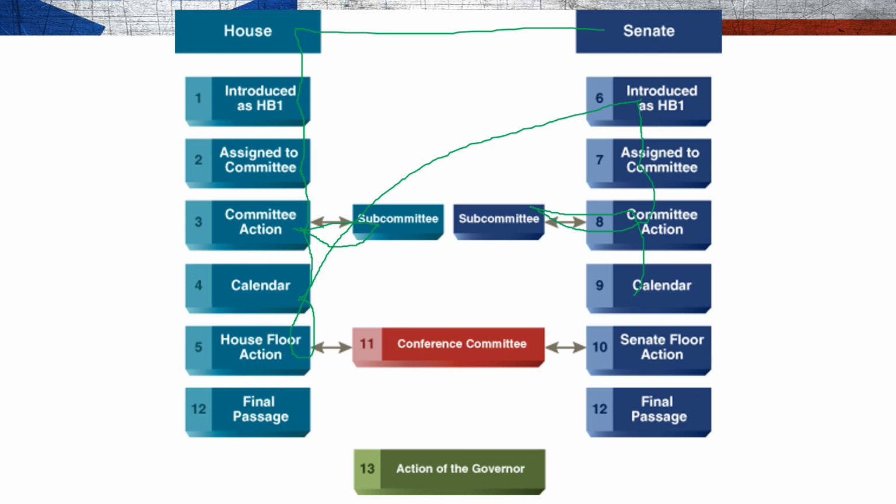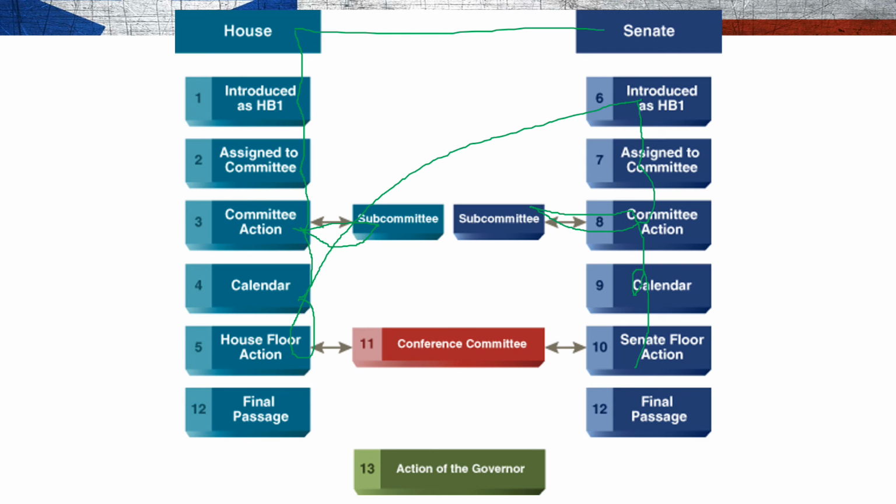When it reaches its day on the calendar, then the bill is introduced by the Lieutenant Governor to the Senate floor, and then the Lieutenant Governor has the power to call on different senators who want to speak.